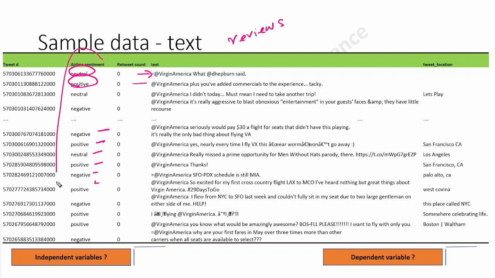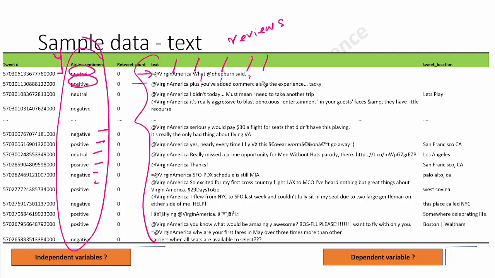So this column is Y or dependent, and these are my independent. When we talk about natural language processing, I will talk about how we extract each word, and then each word becomes a column, x0, x1, x2, x3, up to x500,000. It is quite common in text to have so many columns.